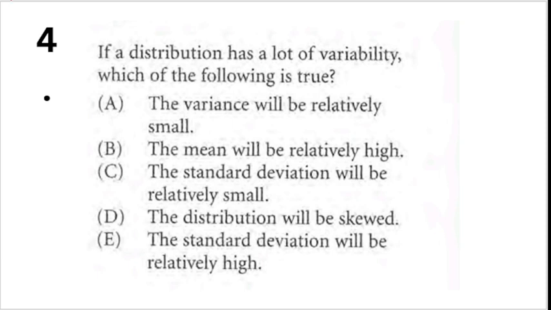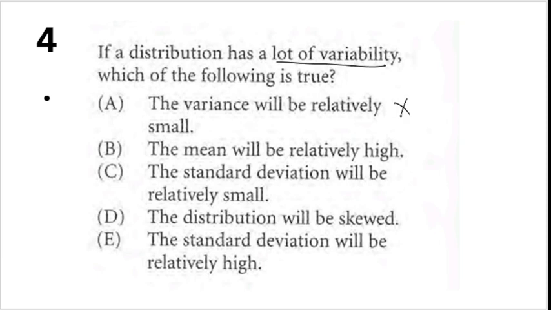So the question says that if a distribution has a lot of variability, which means we are not looking at our central tendencies, we are looking at our dispersions. Which of the following is true? The first option says that the variance will be relatively small.